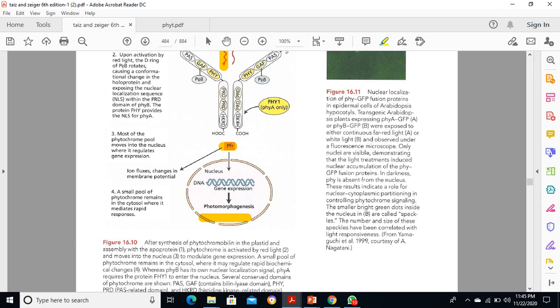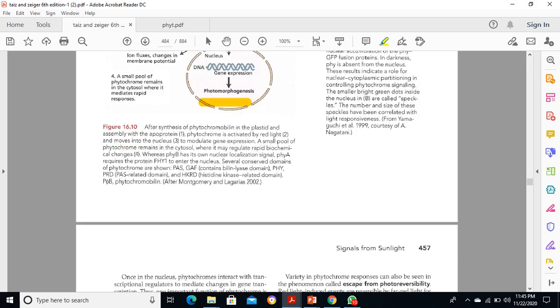So it can be for phototropics like bending, various phytochrome related responses. It can be any morphological changes like shoot elongation or whatever it may be.